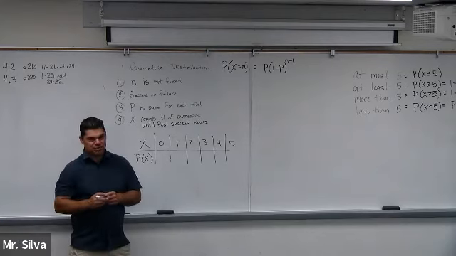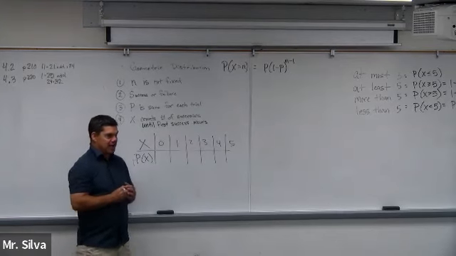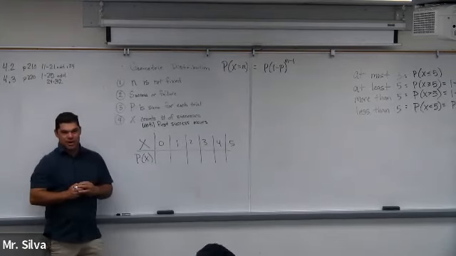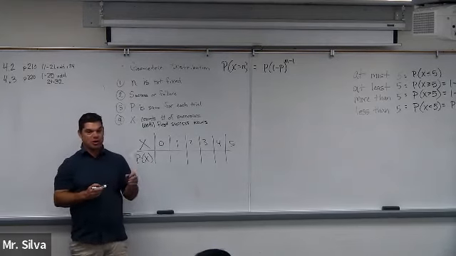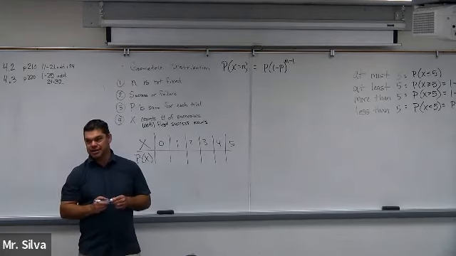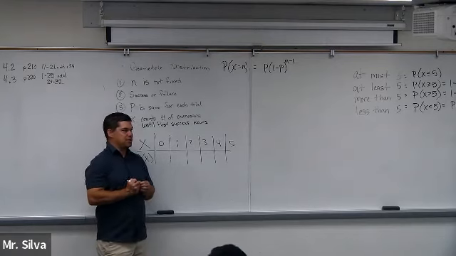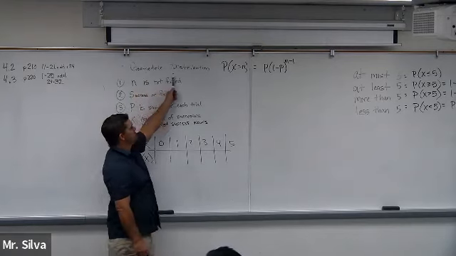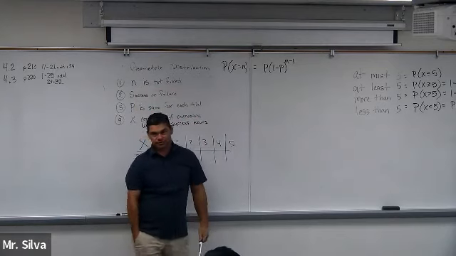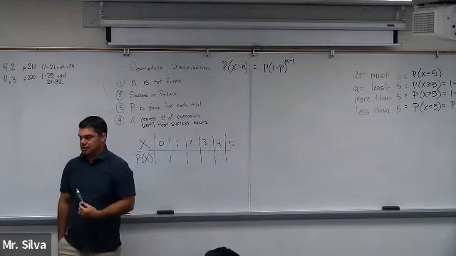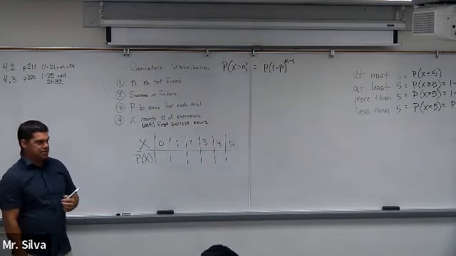So binomial distributions: success, failure, and n is fixed. We're going to move on to another distribution. Actually, there are 2 more distributions that we're going to study. This one's called a geometric distribution. So what's a geometric distribution?